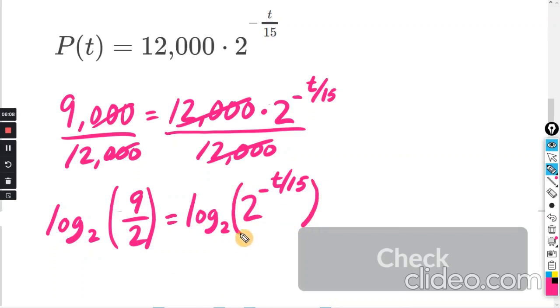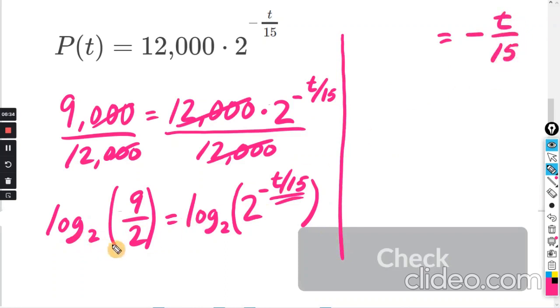Now, when the base of the log matches the base of the argument, the answer is just the exponent. So everything on this side canceled out except for the negative t over 15. So on the right-hand side of the equal sign, we just have negative t over 15.